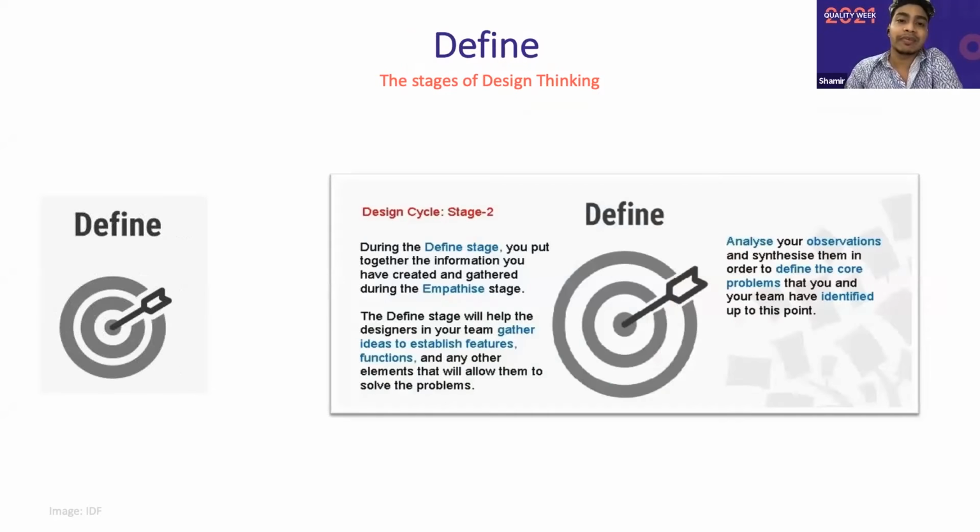So next up we have define. Once you know your users' needs and problems, when you do the empathy mapping, you will understand what we are really going to solve as a problem and what they really need. Because when we know that, only then do we get an idea of what we are going to give them as a product or as a solution. So this is basically the information that we gather from the empathizing stage, right?